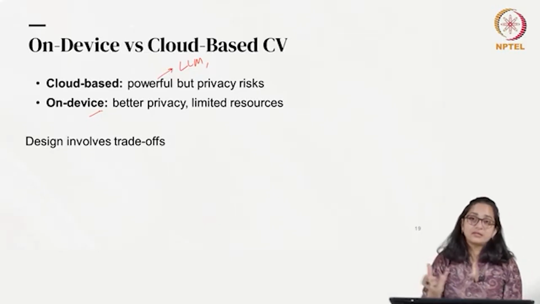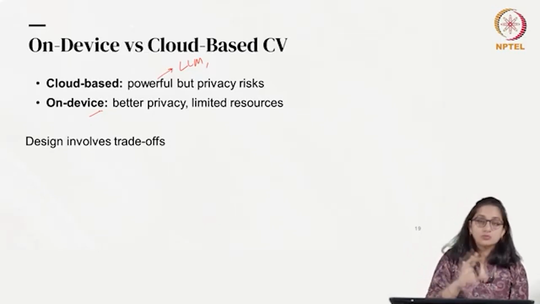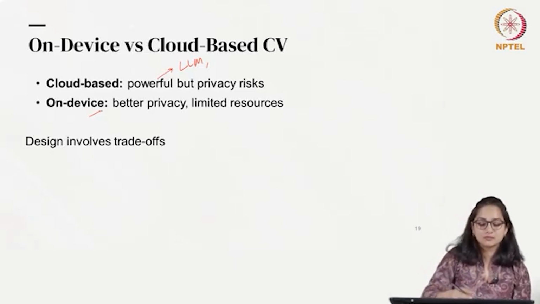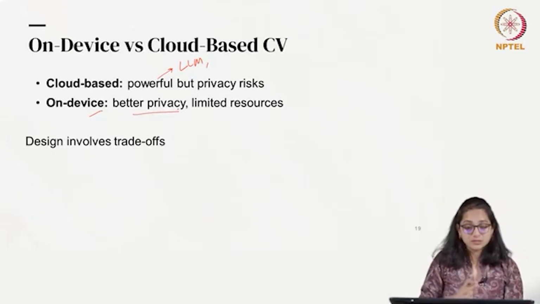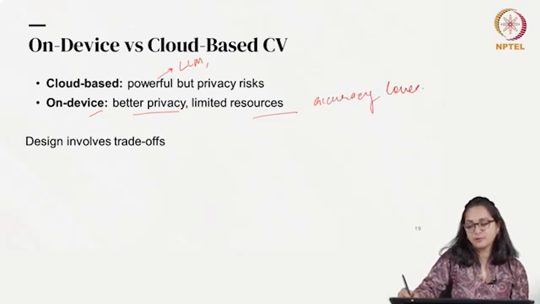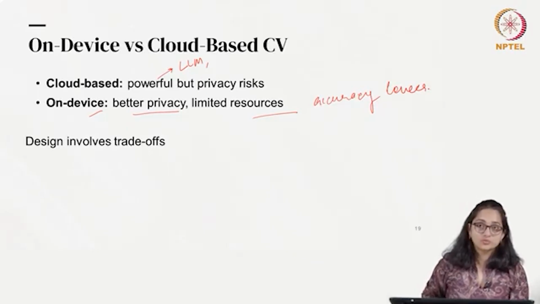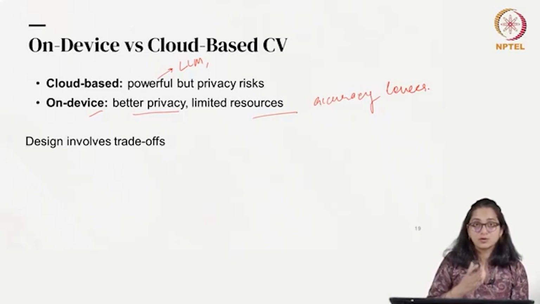On device means it is allowing you to download a certain set of models, and it is then only processing using that comparison. It ensures better privacy, but because of limited resources, the accuracy may be much lower. But the design has to involve trade-offs and look at, okay, in what situations we can go to the cloud, in what situations we have to stay on device.